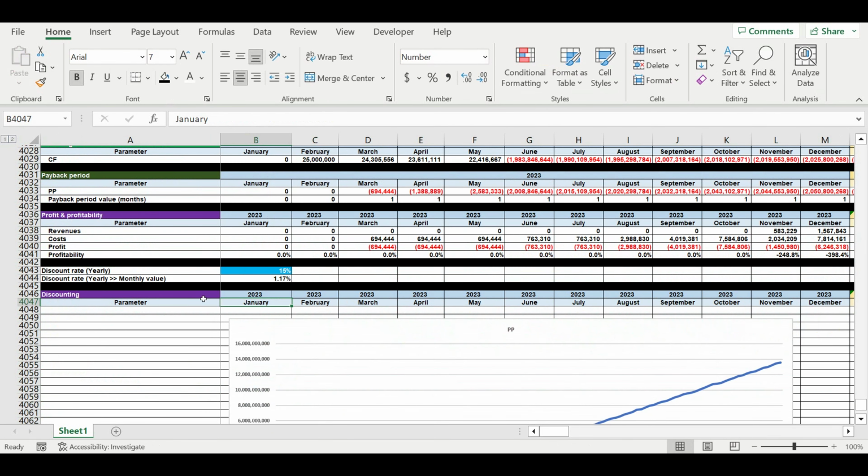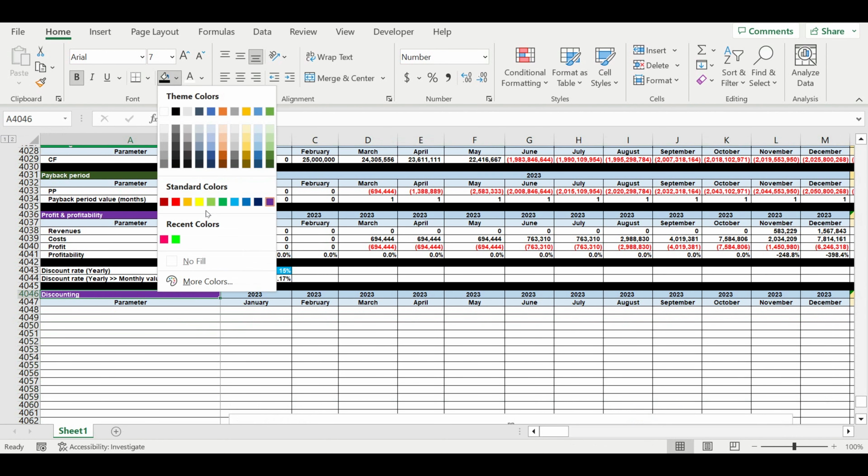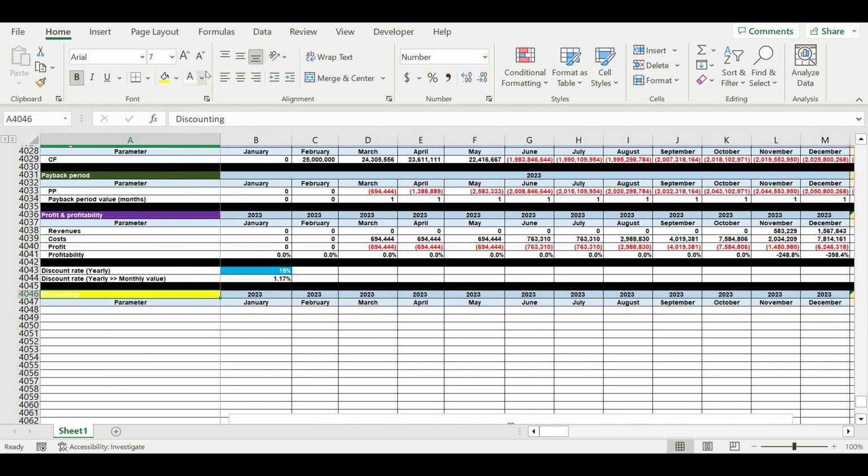Let me just add some lines here. Here I will be just counting the months of our horizon. I will need this later for the formula.